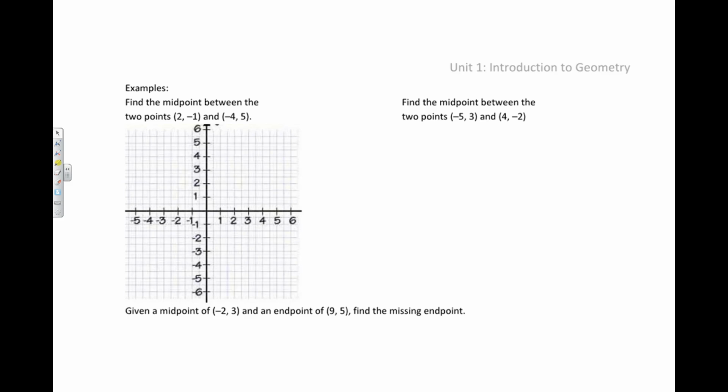Now I want to find the midpoint between the 2 points, 2, -1, which is here, and -4, 5, which is right here.